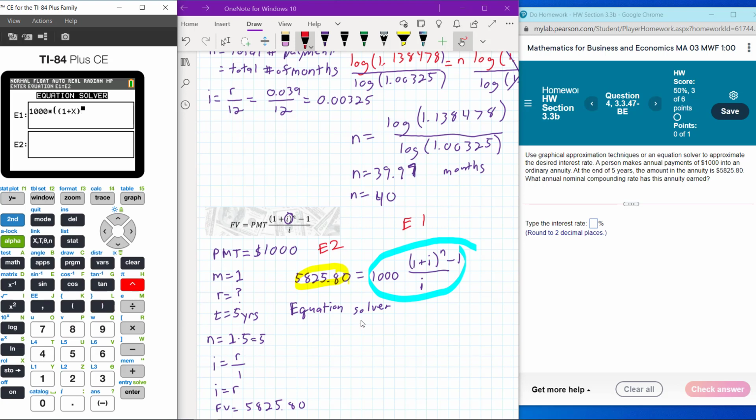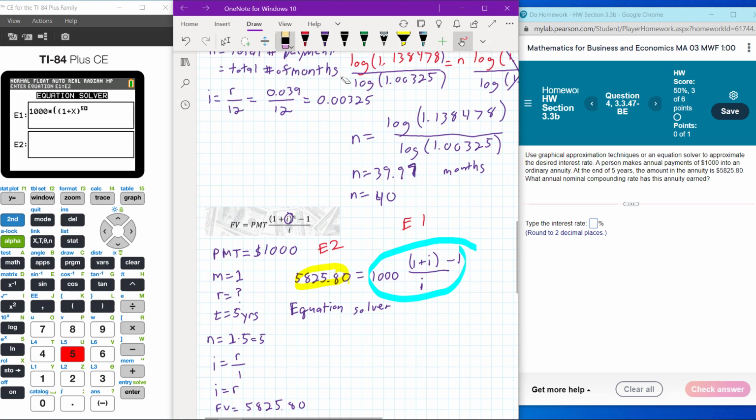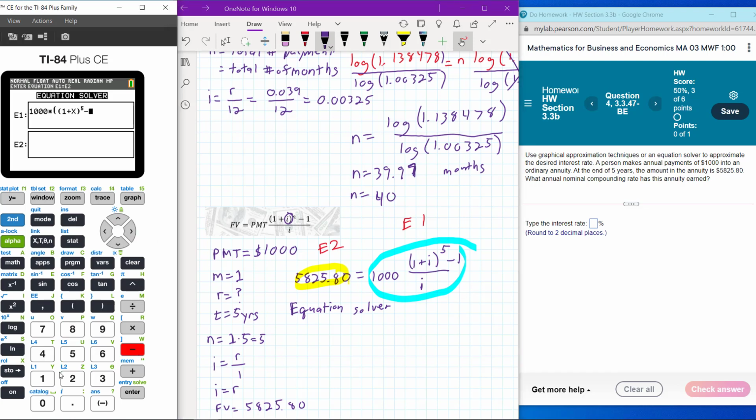N actually is equal to 5, so we can put a 5 there. Get out of the exponent, minus 1. Close the parenthesis. Divided by, well, not I, but X. That's what goes into this one.